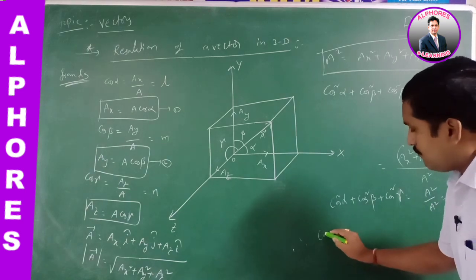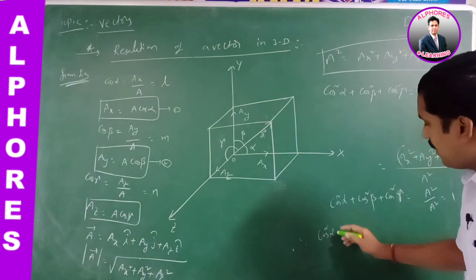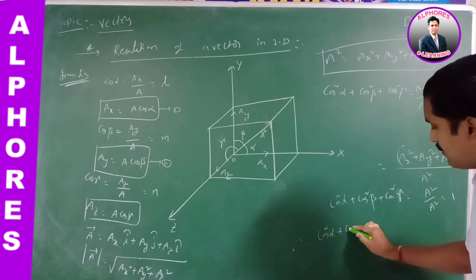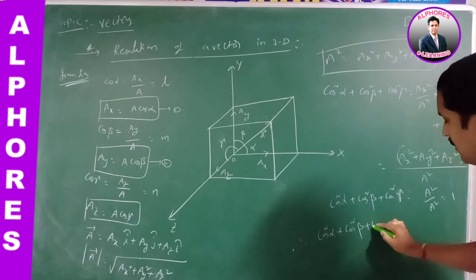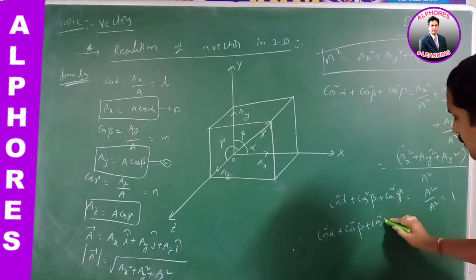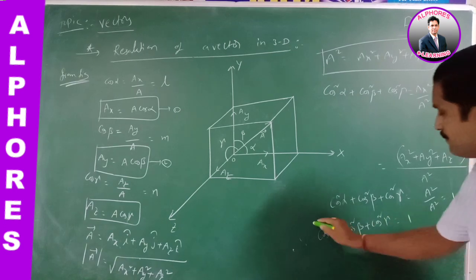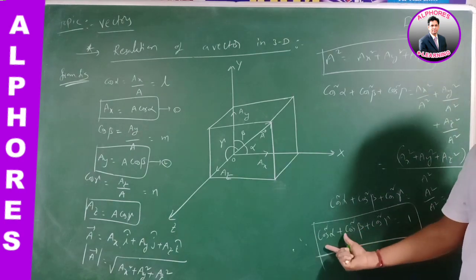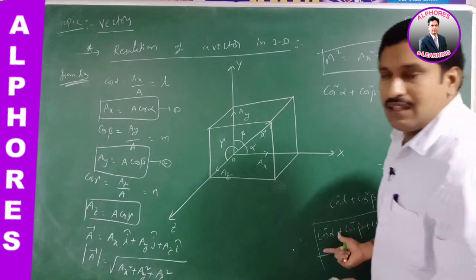Therefore, the sum of the squares of the directional cosines, cos square alpha plus cos square beta plus cos square gamma, is equal to 1. This is the relation between the directional cosines.